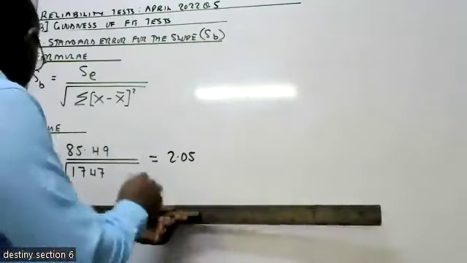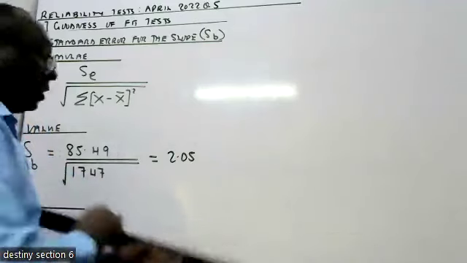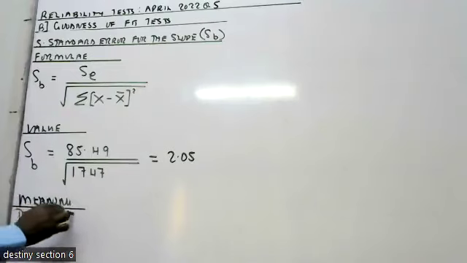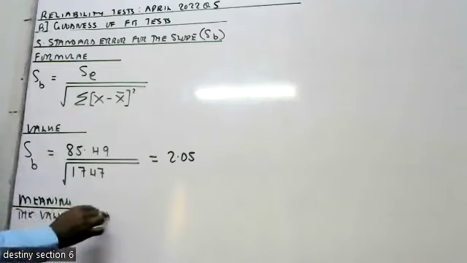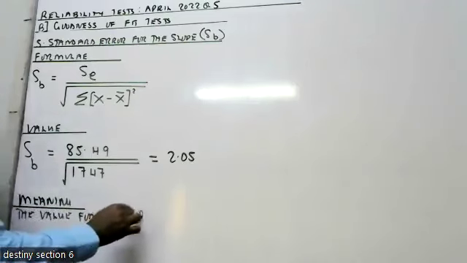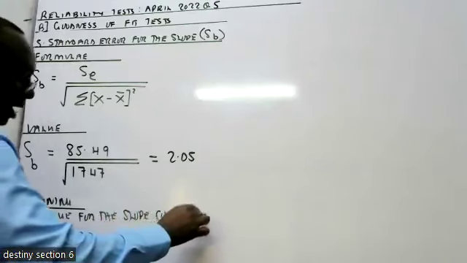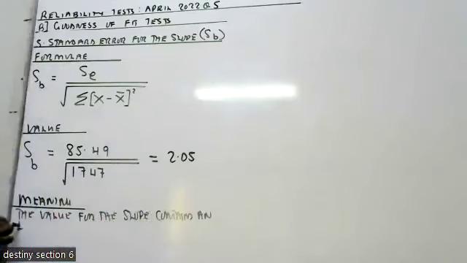So the meaning of that, they may ask you to tell what that means, is that the value for the slope contains an error of plus or minus 2.05.